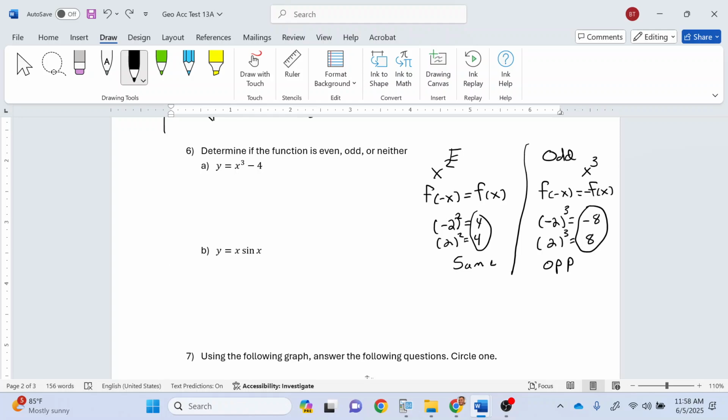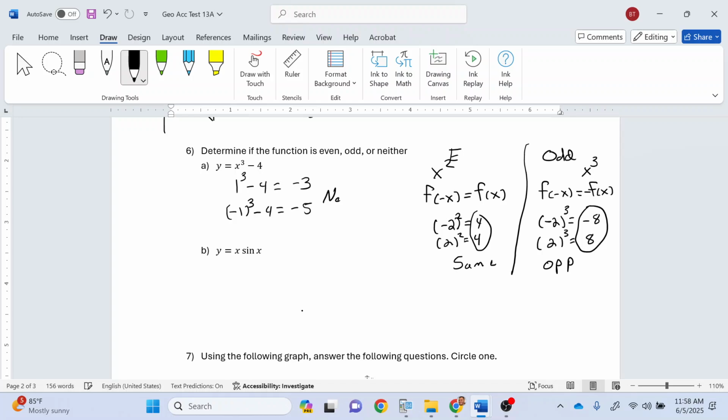So in this case, you could either plug in a number or plug in negative x. I could plug in a number. 1 cubed minus 4 is -3. Now -1 to the third minus 4 is -5. Are these opposite answers? Are these the same answers?